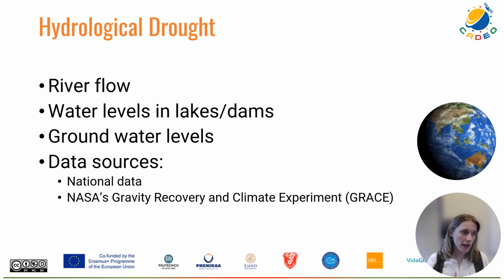It also dates back to the early 2000s, I think, and it can be really useful to look at groundwater levels. So this is one alternative for studying hydrological drought.